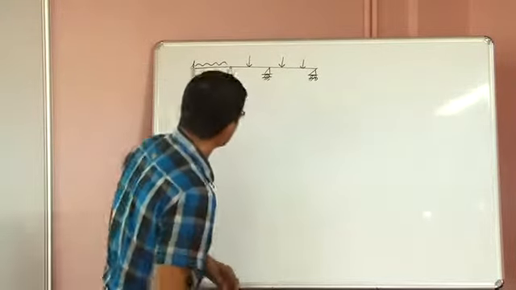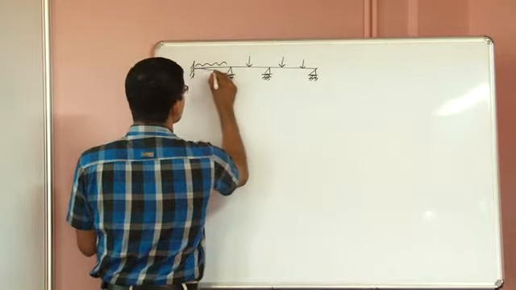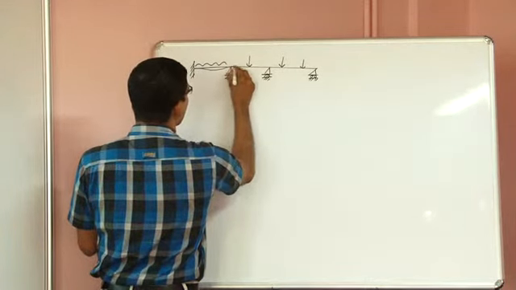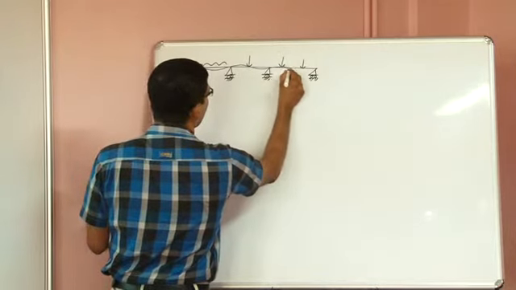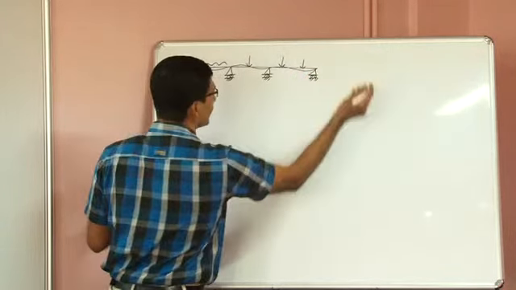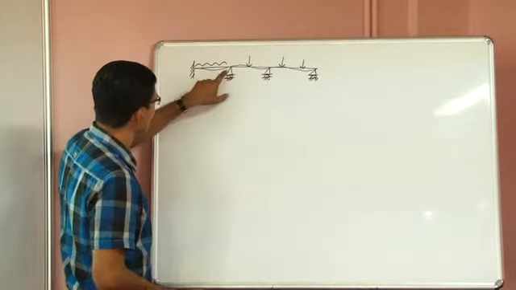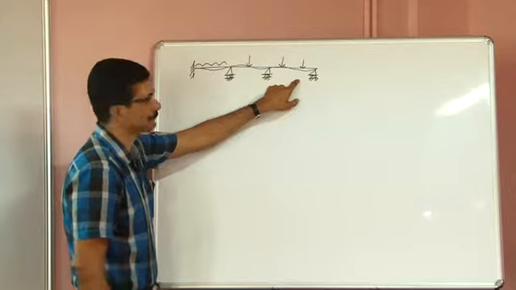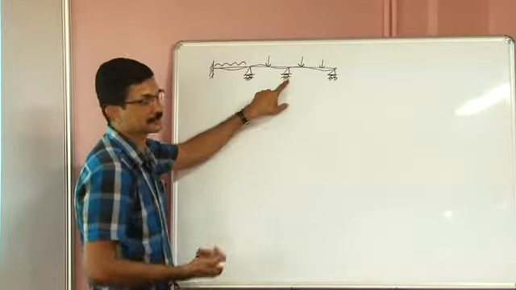The deflected shape of the structure would be, maybe, like this. Like that. The deflection or translation at these joints is prevented. So these joints will give us compatibility conditions.